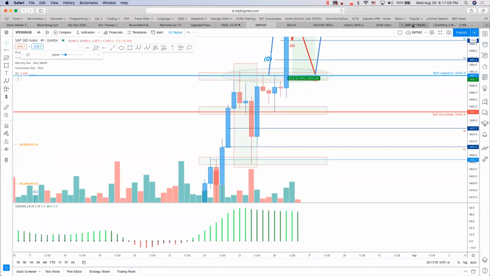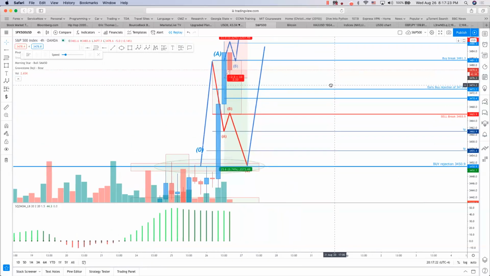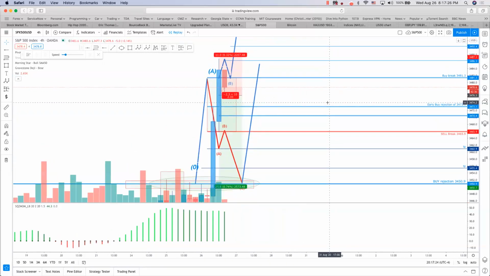Now, I know this works on US30, it works on NAS, it works on SPX. I've only tested it on indices, to be 100% about it.